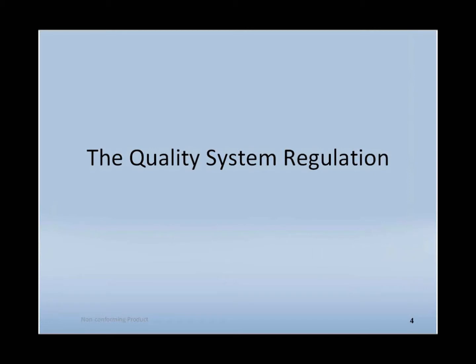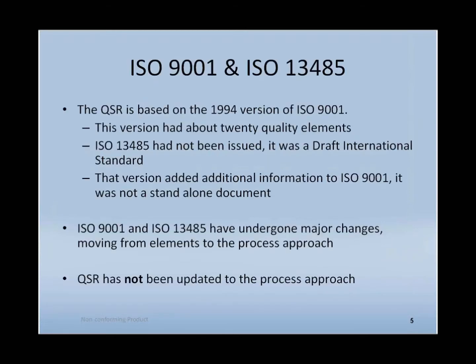All right, so let's look first of all at the quality system regulation. This is very interesting because there's a lot of things going on. QSR was based on the 1994 version of ISO 9001. This version had 20 quality elements. ISO 13485 had not yet been issued. It was still in draft, and it has all kinds of additional information about how to apply ISO 9001 to medical devices.